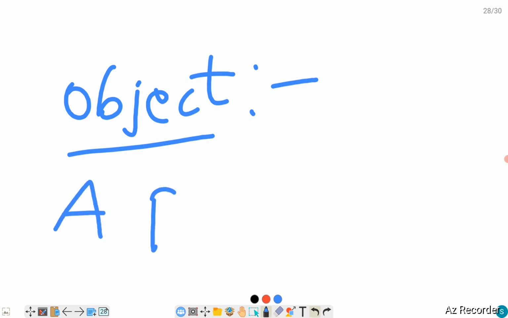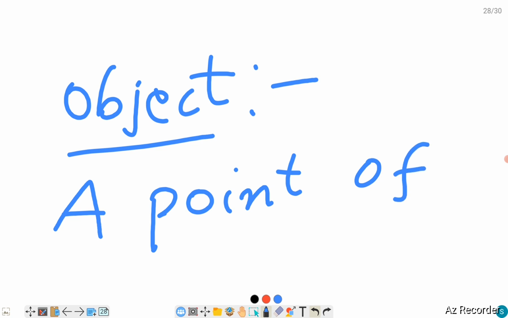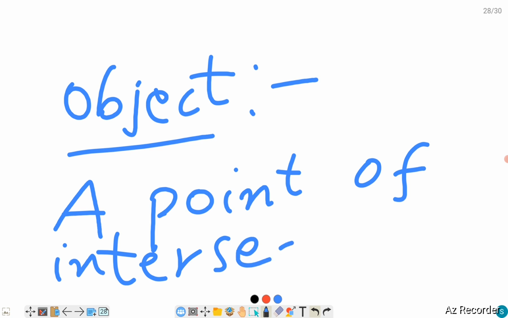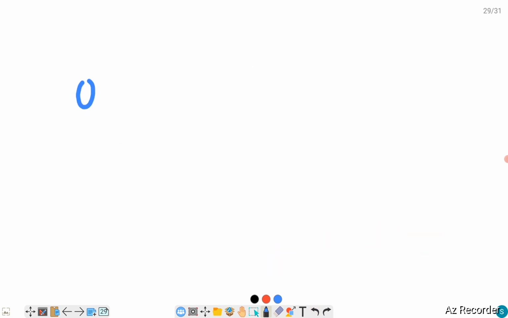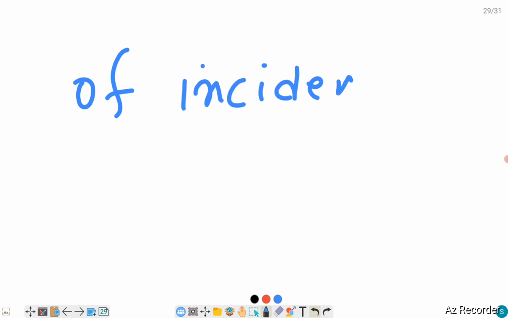So this object will be a point of intersection of incident rays. From this only we take all the incident rays. That is object. We generally take a small size object, like our objects will be with a single dimension or point size.